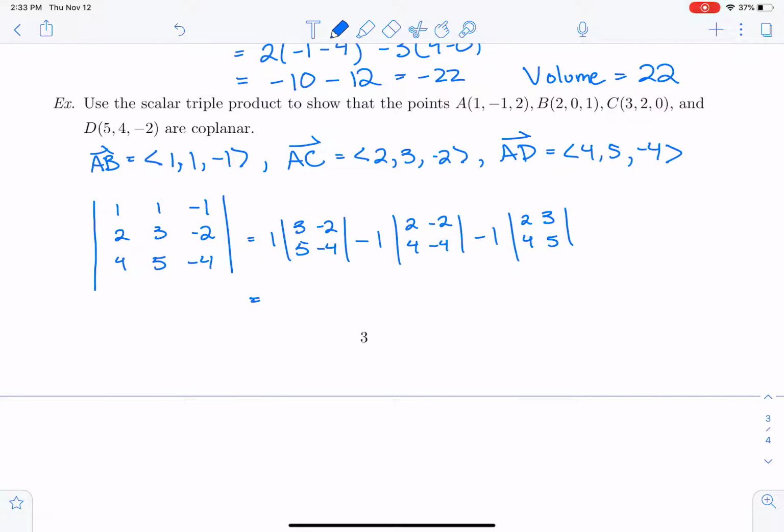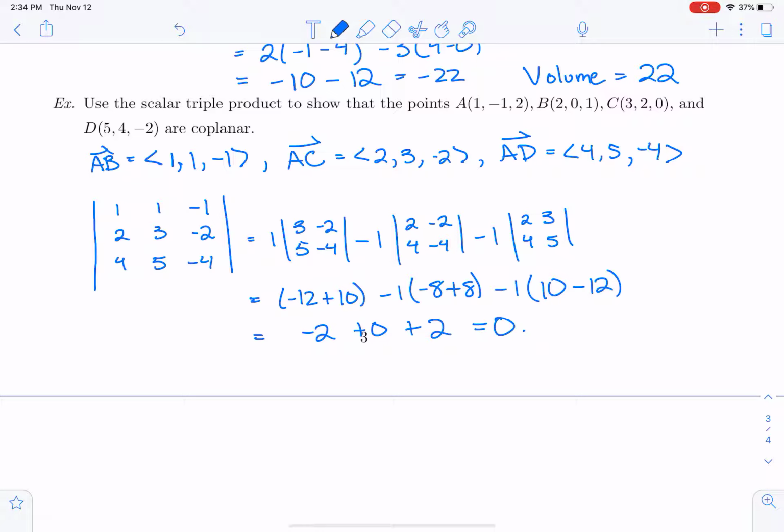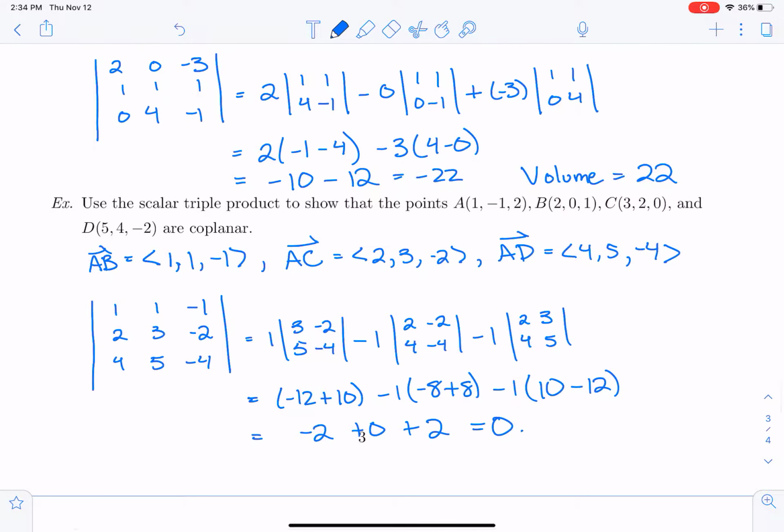So 3 times a negative 4 is negative 12 plus 10. Minus 1 times, this looks like negative 8 plus 8. And then finally, minus 1 times 10 minus 12. So I'm going to get a negative 2 plus 0 plus 2 equals 0. So because the volume of the parallelepiped formed by those three vectors is 0, all three vectors must then lie in the same plane, and therefore all 4 points lie in the same plane.